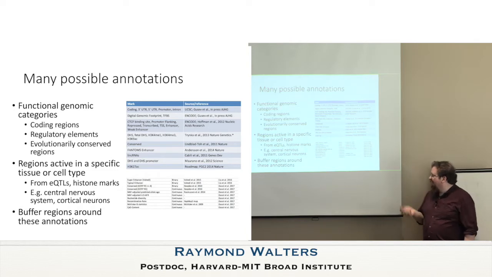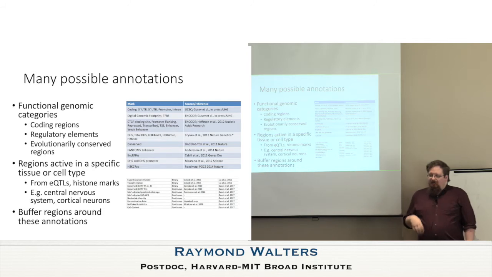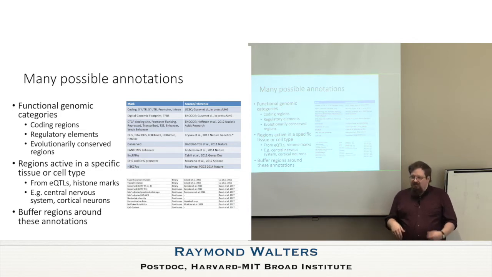So the list of even more narrowly concrete examples on the slide here partially just highlights that a lot of this is a process of taking published annotations from the literature that continue to evolve as people work on the biological side of the genomics, and applying those to seeing if they are informative about our GWAS signal.